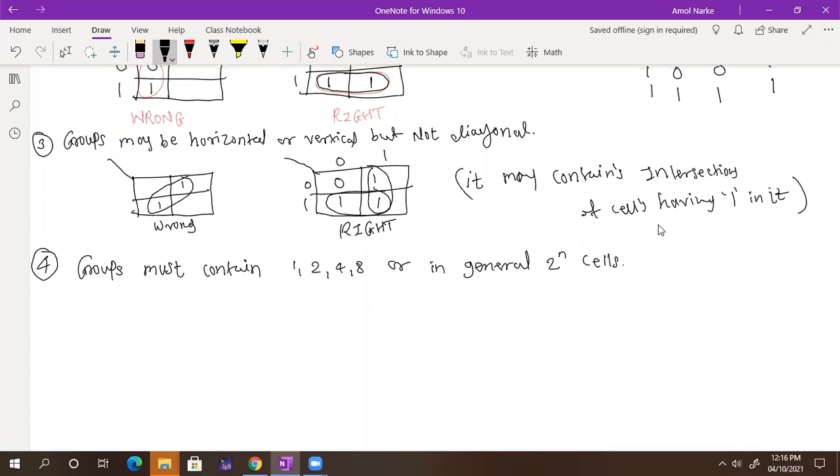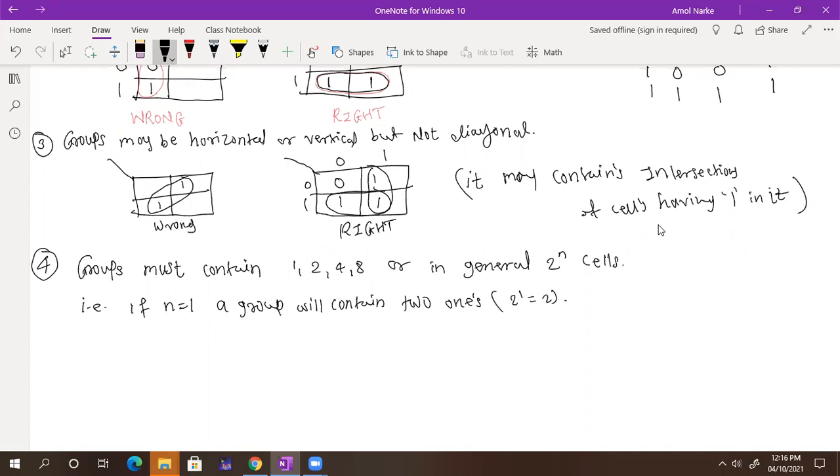That is, if n is equal to 1, what happens? It will be two. So for n equal to 1, a group will contain 2 ones. Why? Because 2 raised to 1 is nothing but 2.